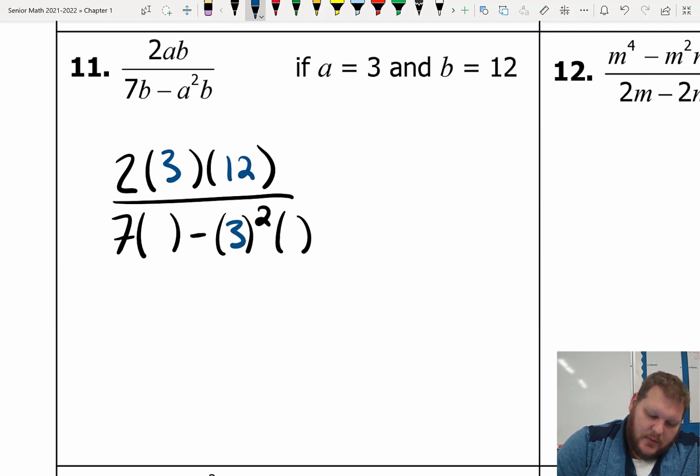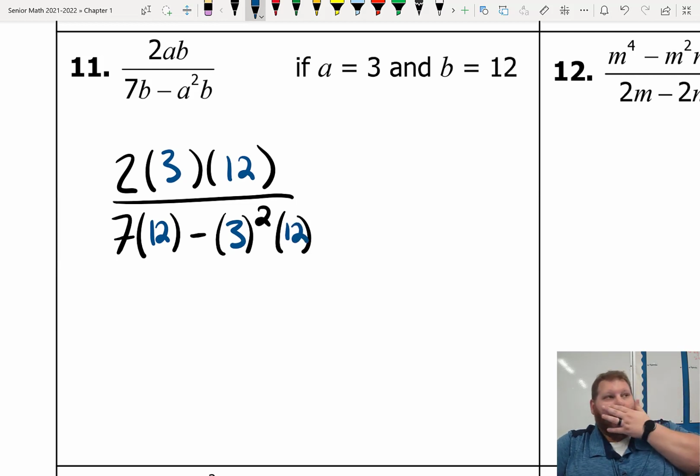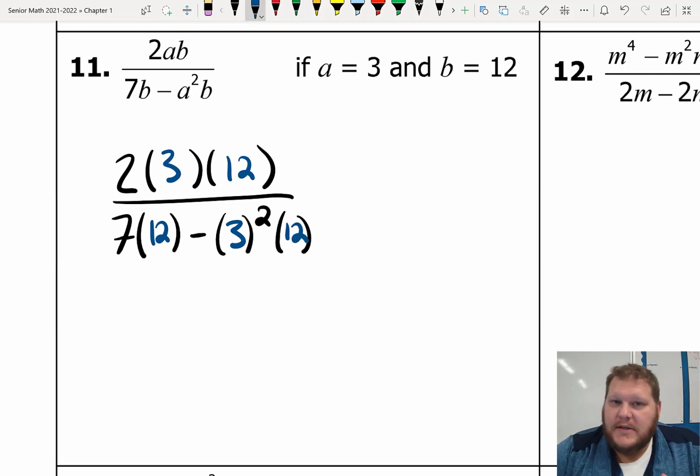B is 12. Our fractions, like we talked about yesterday, act as kind of a grouping tool. So even though there's not parentheses around my numerator and parentheses around my denominator, I am still going to evaluate those as if they were grouped together, because in a fraction, they are. We have to simplify our numerator and our denominator before we can combine them together.